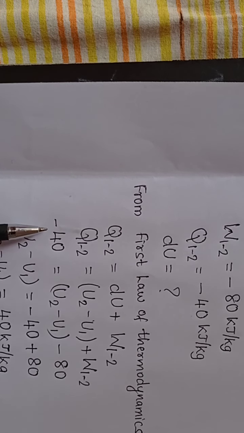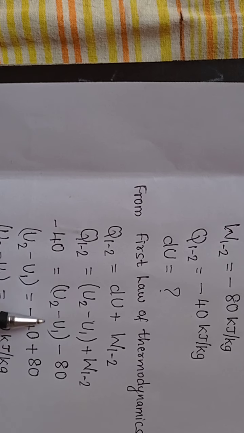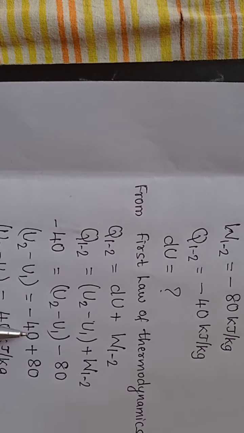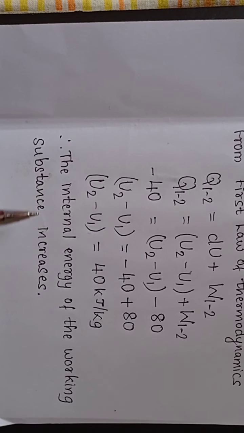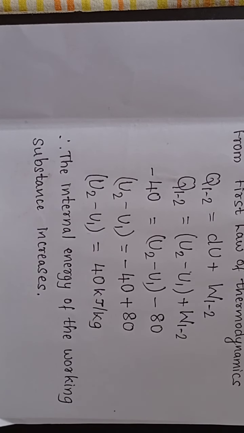That is, minus 40 will be equal to U2 minus U1 minus 80. So U2 minus U1 will be equal to minus 40 plus 80, which is 40 kilojoules per kg. What is the meaning of this 40 kilojoules per kg? The internal energy of the system, or the working substance, increases.